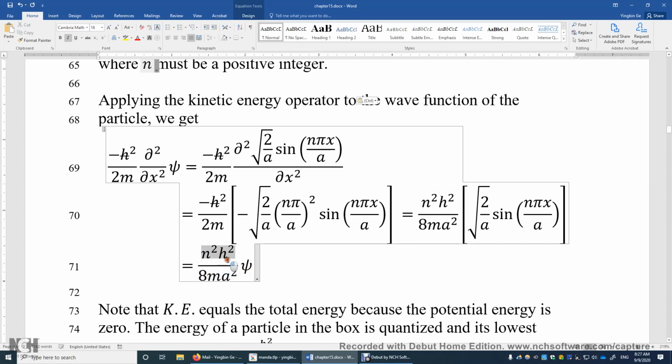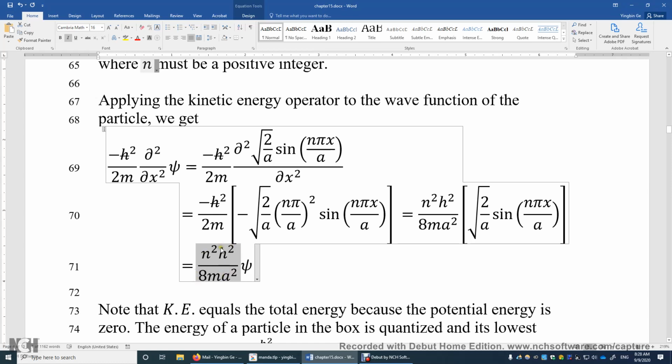What's the physical meaning of this? So first, we realize that this psi is an eigenfunction of the kinetic energy operator, because after we apply the kinetic energy operator to psi, the result is psi multiplied by a constant. So psi is an eigenfunction of the kinetic energy operator, and this constant, this eigenvalue, is the kinetic energy.